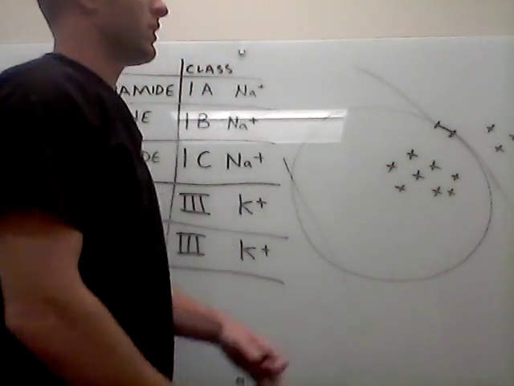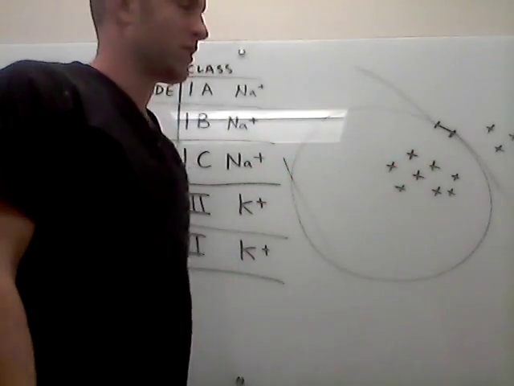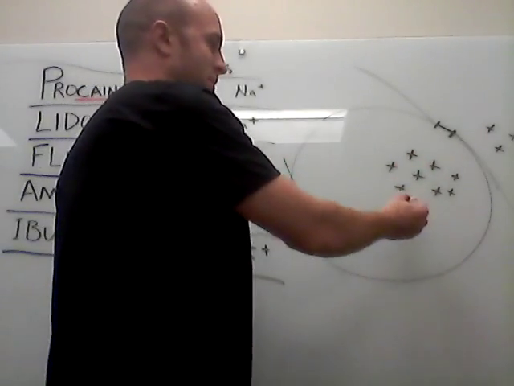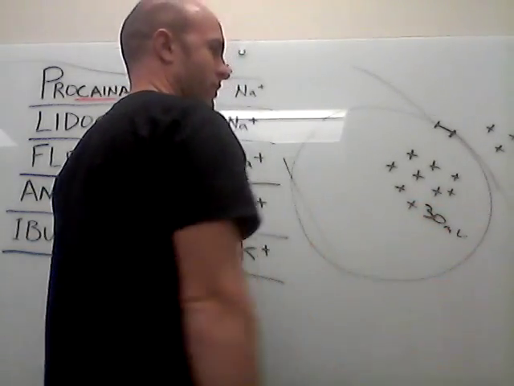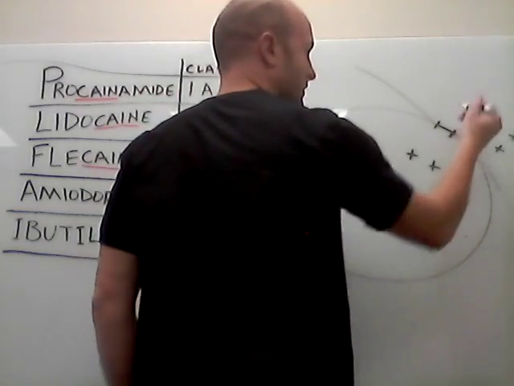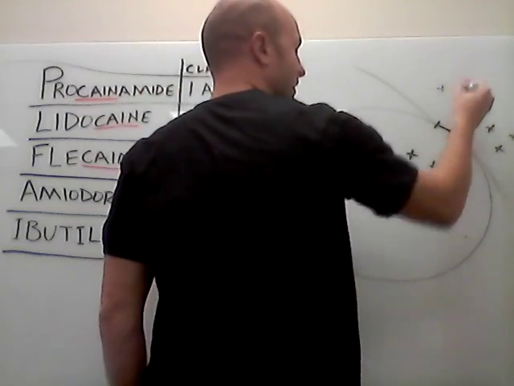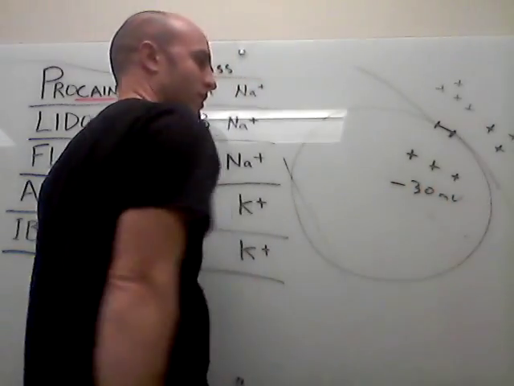And so this would have some specific voltage. Maybe it'd be positive 30 millivolts, whatever. But if you had less in here and tons out here, it might be negative, like negative 30 millivolts, whatever.